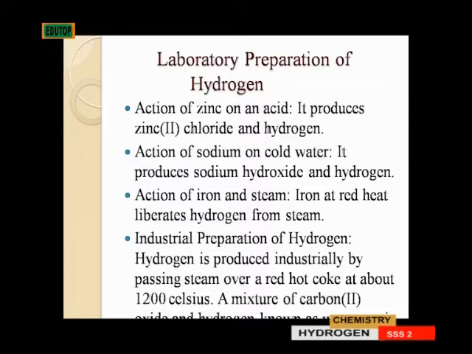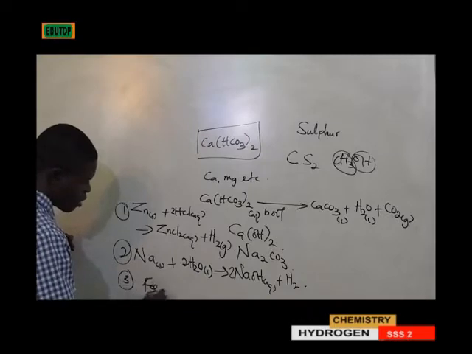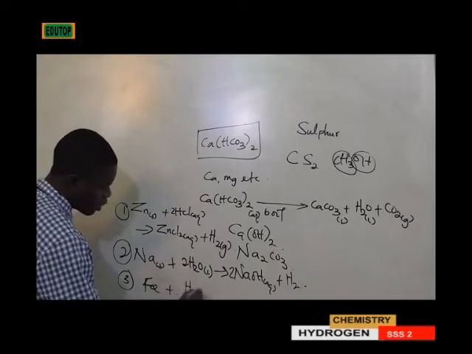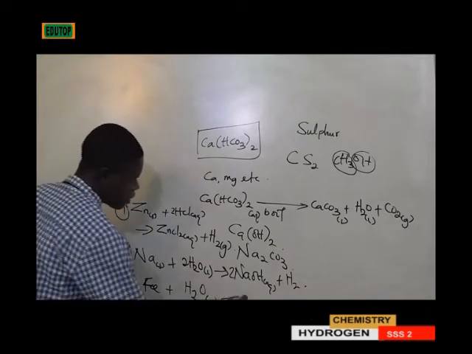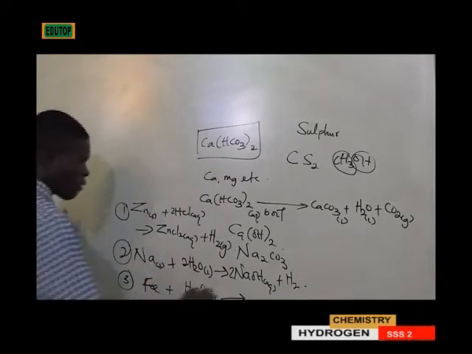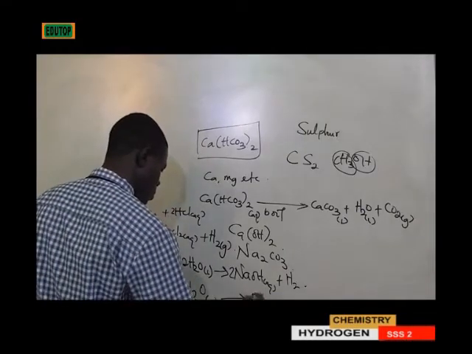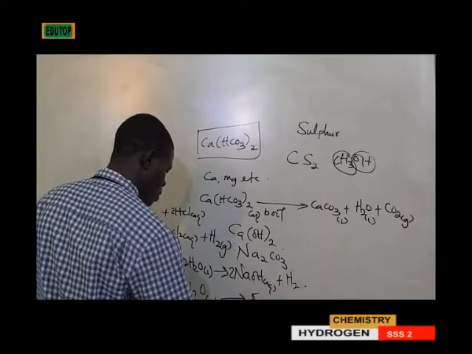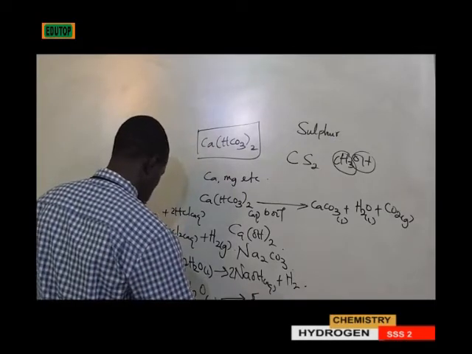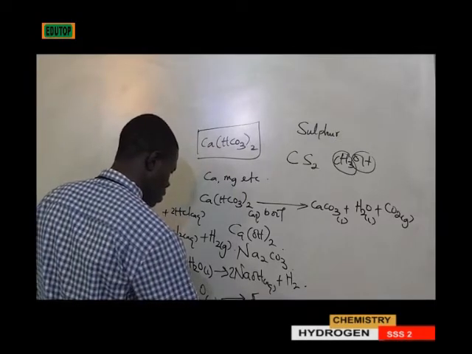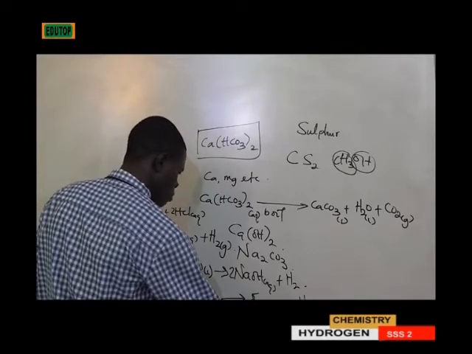Action of iron on steam is another way of producing hydrogen. So a case whereby you have iron, Fe, on steam. Steam is water in the gaseous state. So in this situation, you have production of Fe2O3 plus hydrogen being produced.